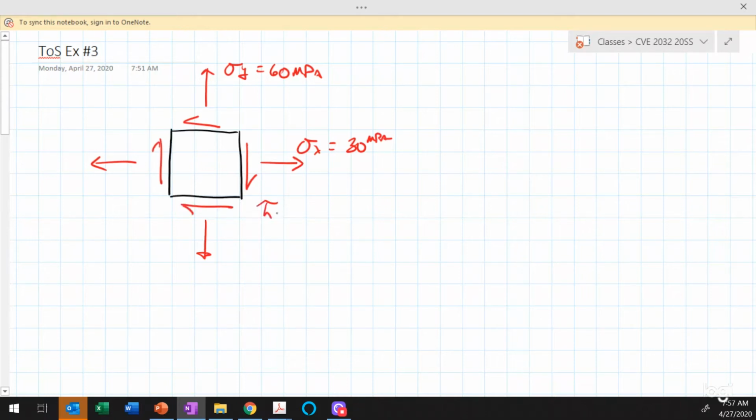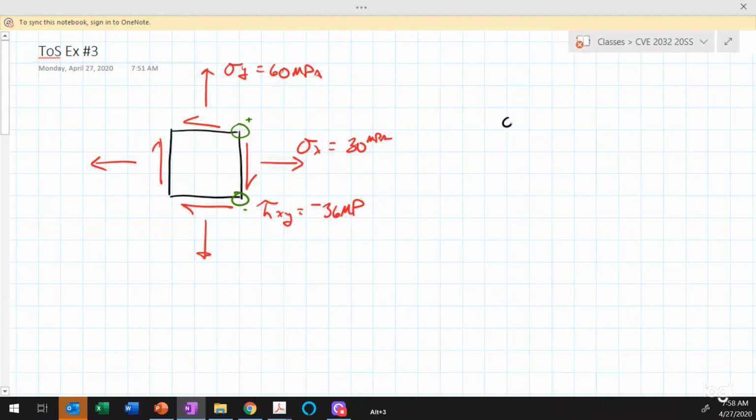I'll say that tau xy is equal to 36 megapascals. But remember that if the shearing stress points to the upper right corner, then that would be considered positive. But since it points to the lower right corner instead, this shearing stress is actually negative.